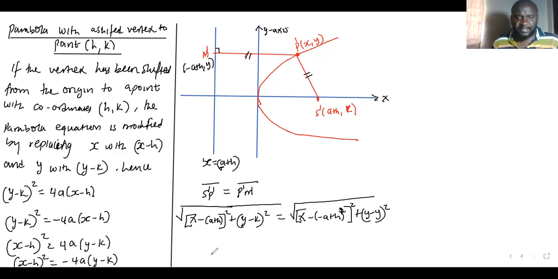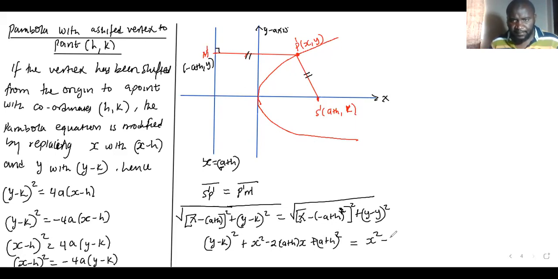So when you square both sides, this takes us to (y − k)² + x² − 2(a + h)x + (a + h)² equal to x² − 2(−a + h)x + (−a + h)².